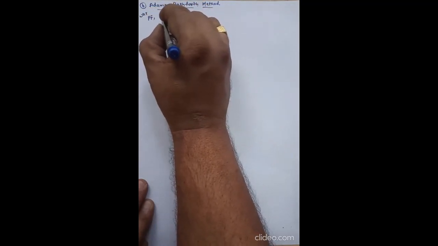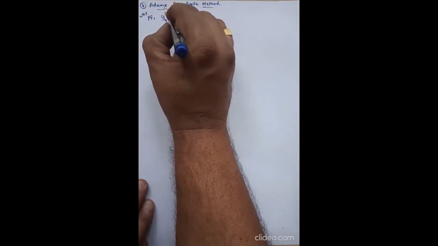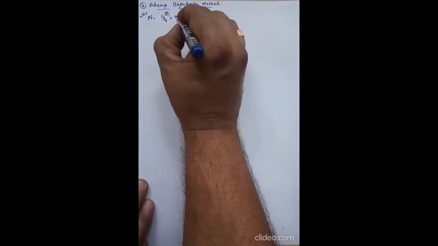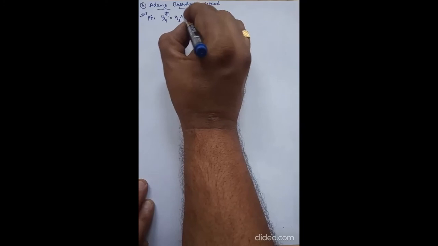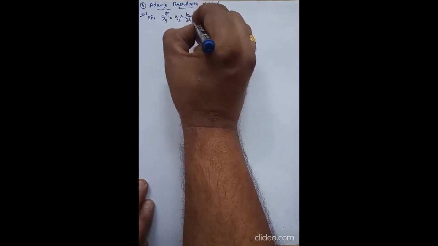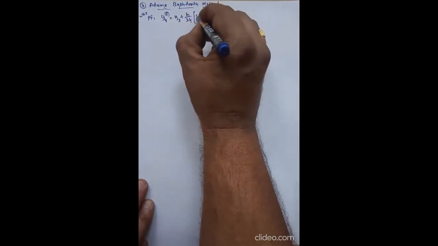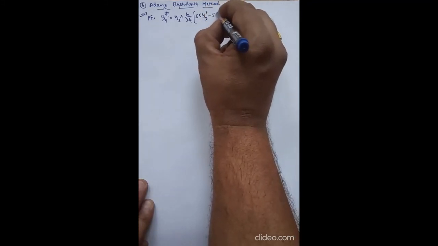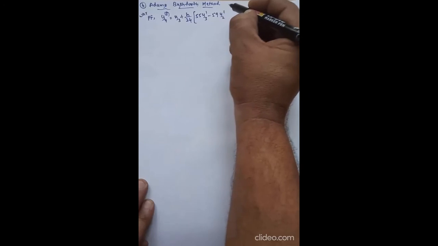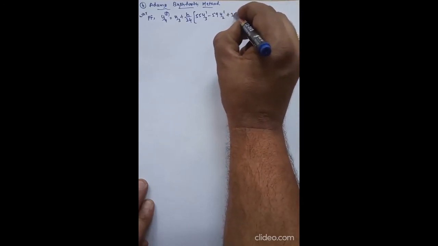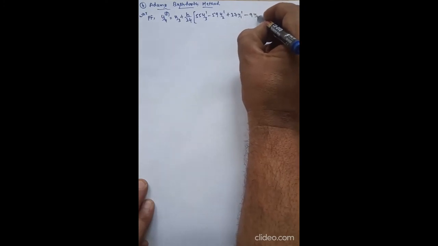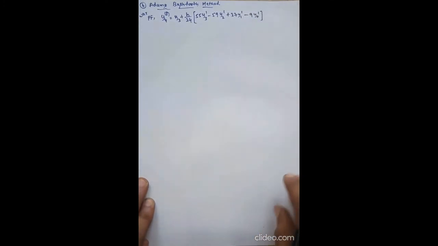We know that the Adams-Bashforth predictor formula y4 power p is given by y3 plus h by 24 into 55 y3 dash minus 59 y2 dash plus 37 y1 dash minus 9 y0 dash. So this is the formula here.